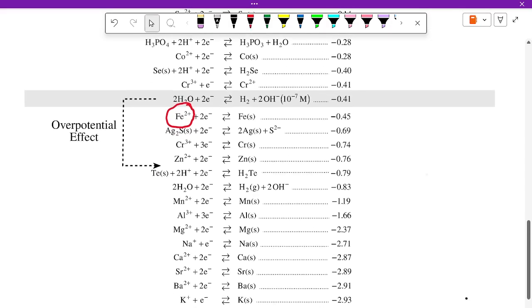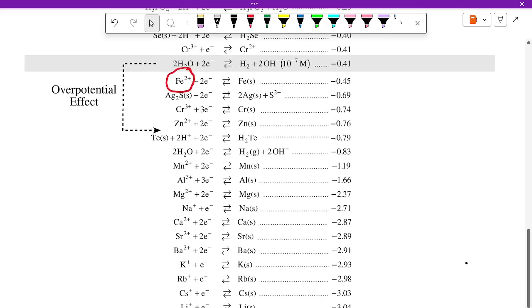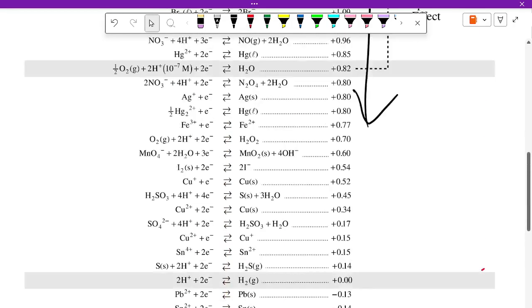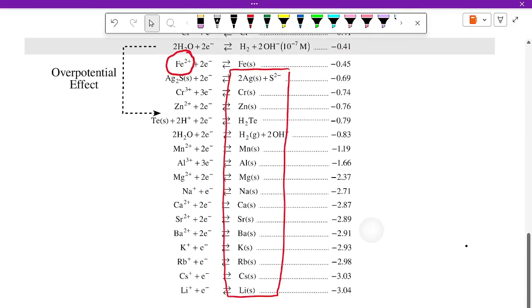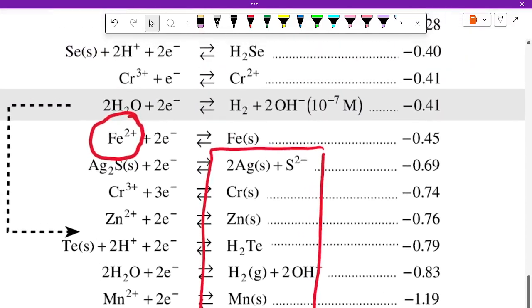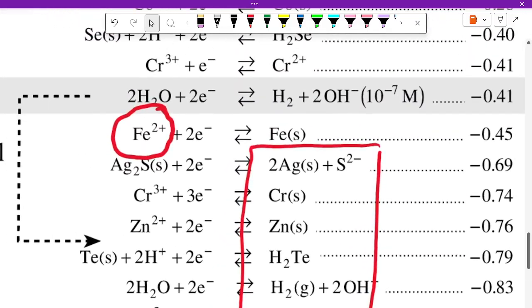Would it make sense for us to titrate Fe2+ with an oxidizing agent? These guys over here are all oxidizing agents. No, a reducing agent. Would it make sense for us to titrate it with a reducing agent? I'd like you to look at those substances. Would we titrate it with silver solid or chromium solid?